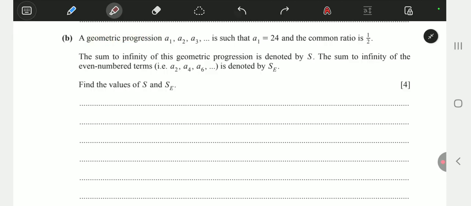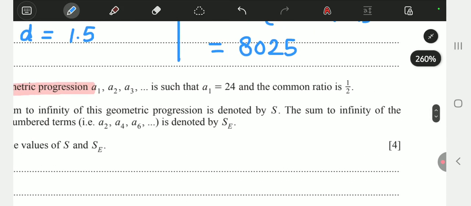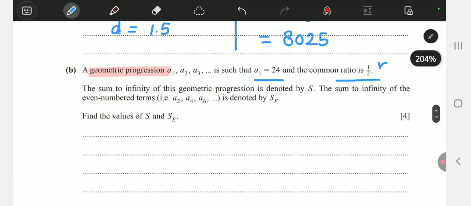So the main thing is that we have now a geometric progression, so a different set of formulas are going to be used for geometric progression. a1, a2 and a3 is such that a1 is 24 and the common ratio is 1 over 2. So what have they given you? a1 and r. The sum to infinity of this geometric progression is denoted by S, and the sum to infinity of the even numbered terms is denoted by SE. Find the values of S and SE.